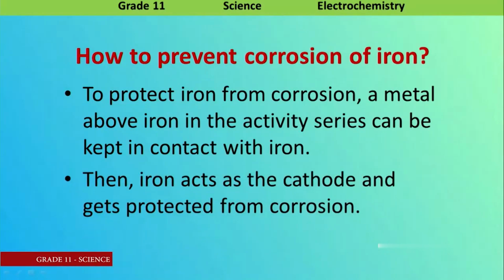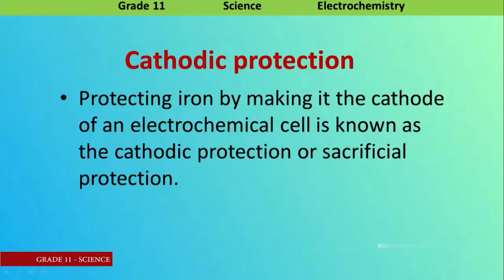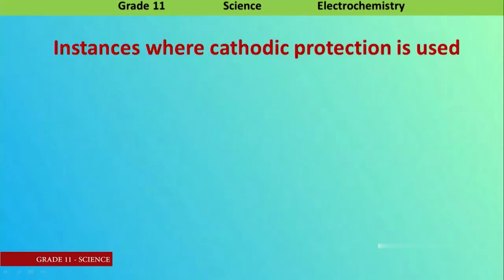Iron acts as the cathode and gets protected from corrosion. This is called cathodic protection. Protecting iron by making it the cathode of an electrochemical cell is known as cathodic protection or sacrificial protection.